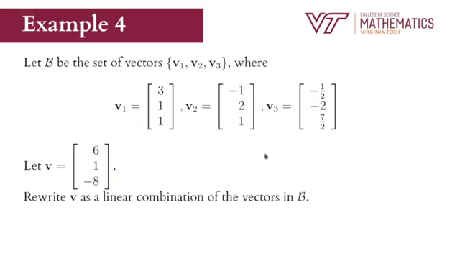So let's try this out. We have already seen that this is an orthogonal set of vectors. So we want to then take this vector v and rewrite it in the form of a linear combination of vectors in B. So we want to find the alternate coordinates of this vector.